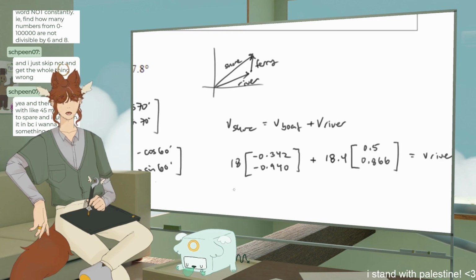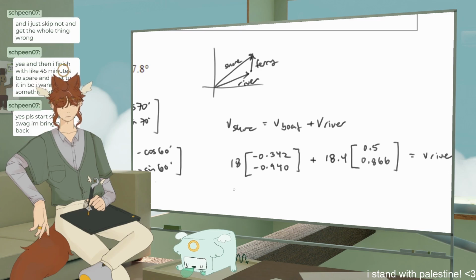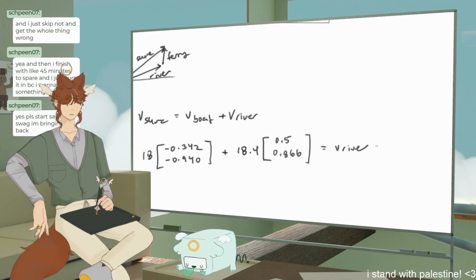Oh wait, I have to do 18 and 18.4. Oh, I can't just ignore them anymore. Okay, 18.4 times 0.5. Okay, there we go. So 3 equals, what is this? 3.044.